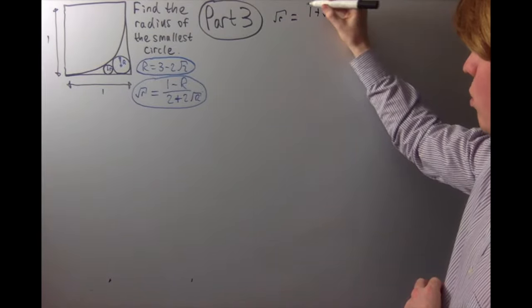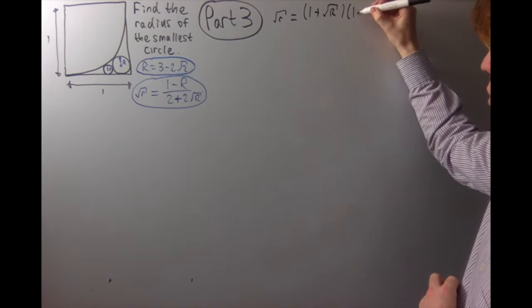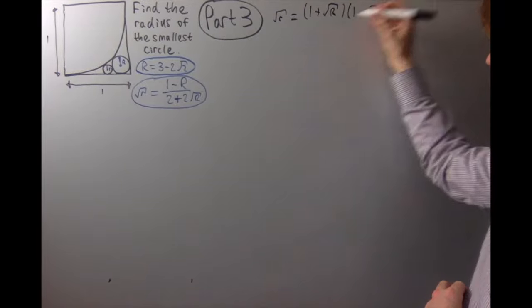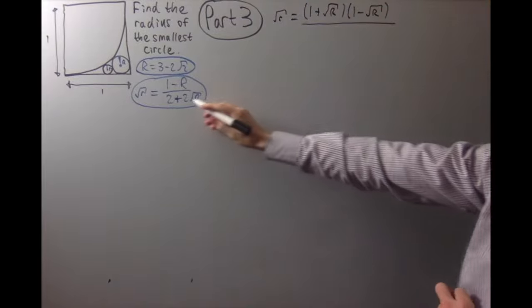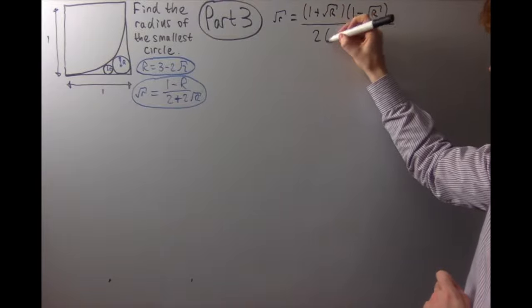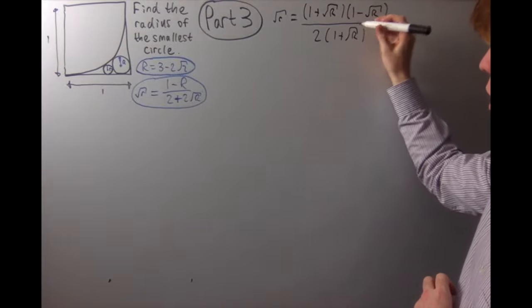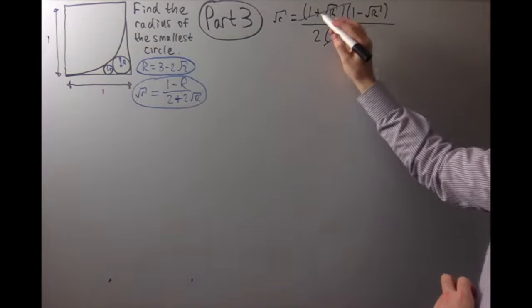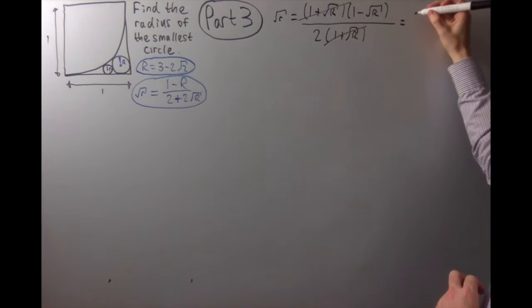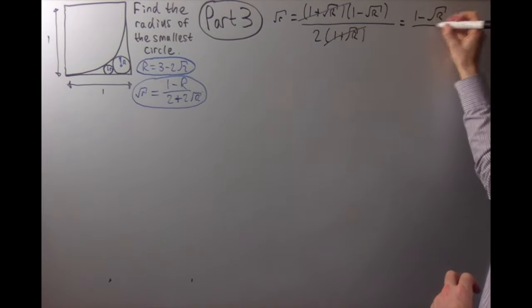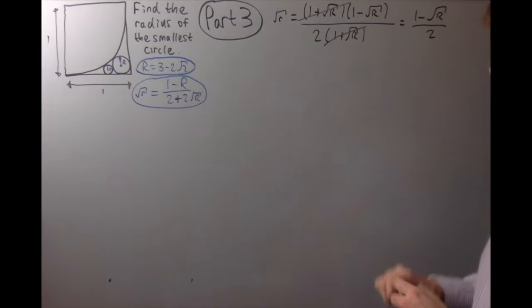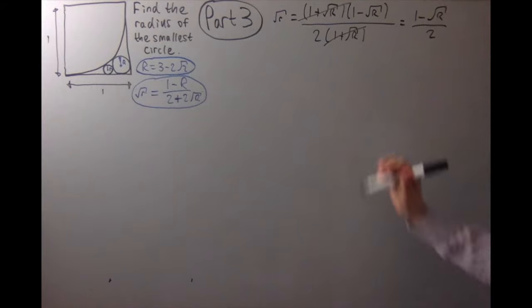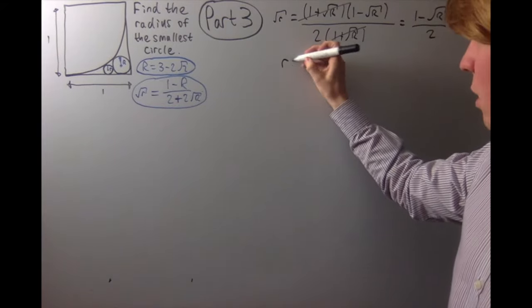So 1 plus the square root of R times 1 minus the square root of R. The reason I'm doing this is because I can factorise the denominator into 2 times 1 plus root R, which makes life simpler because these two terms cancel and we get 1 minus root R all over 2.